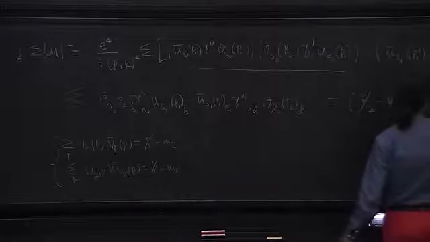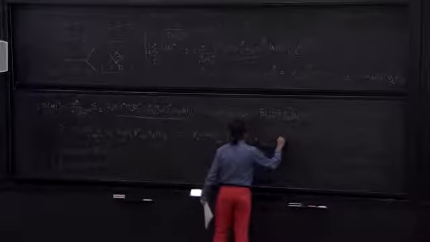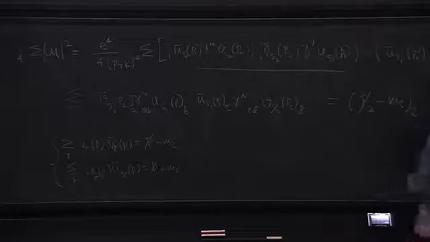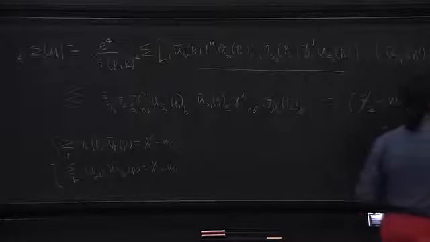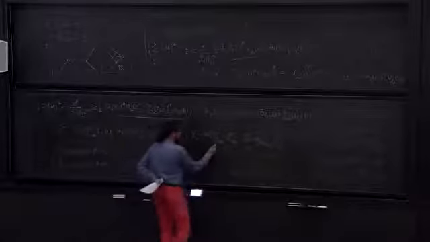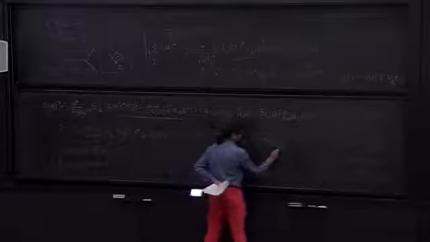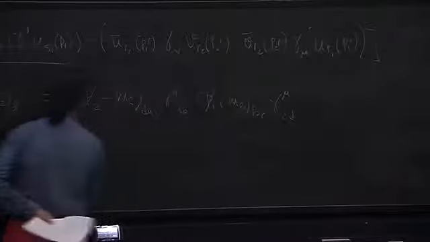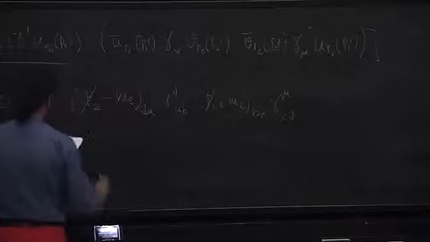This should have been a nu. You guys didn't tell me. And this is CD. So now if you look at the indices D, A, A, B, B, C, C, D, D. Therefore, I can write this as a trace.